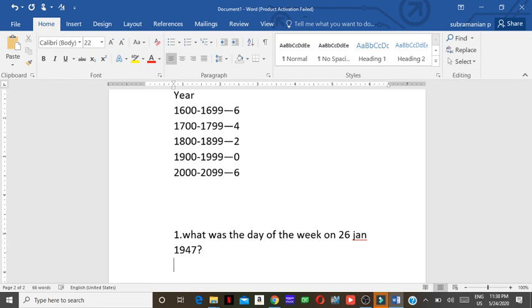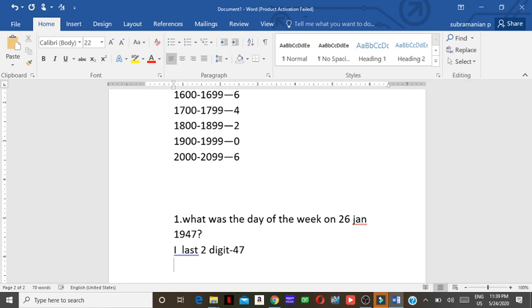Okay, we can go to the first step. First step is to take the last 2 digits of the year. The last 2 digits of the year are 47, so we are taking 47.